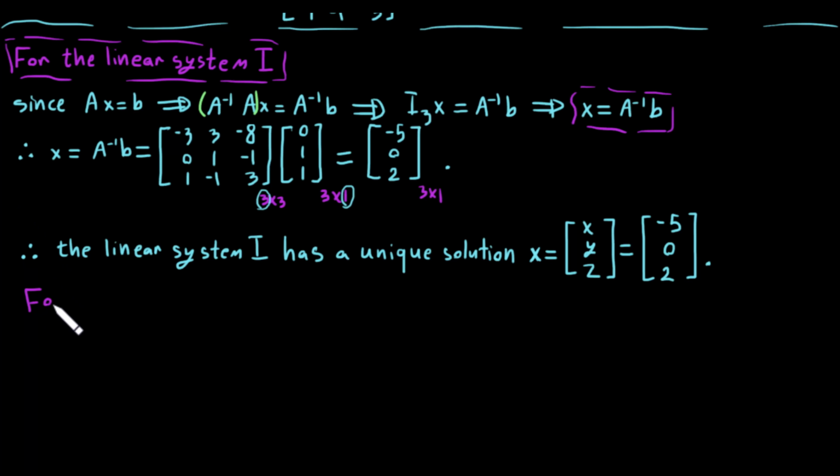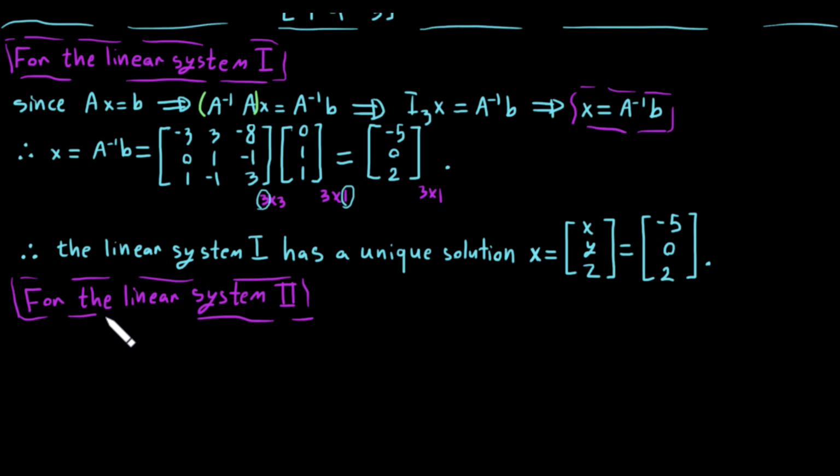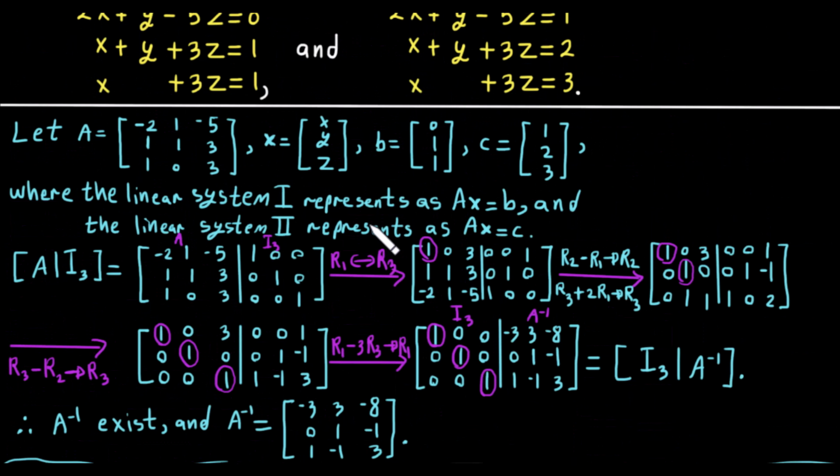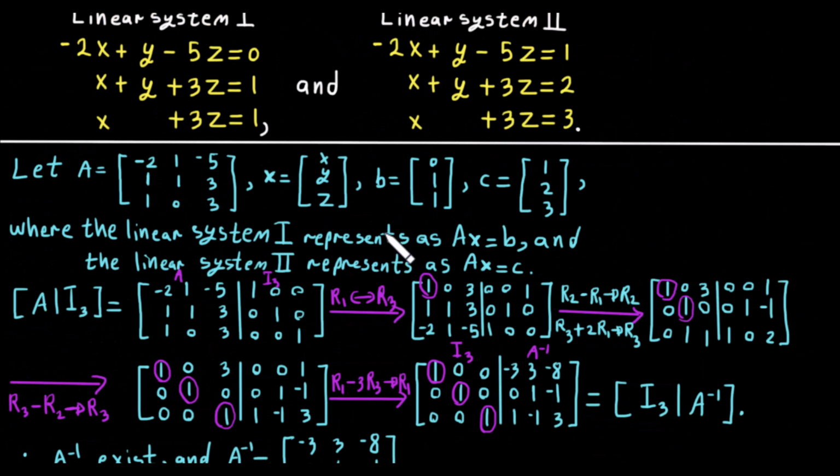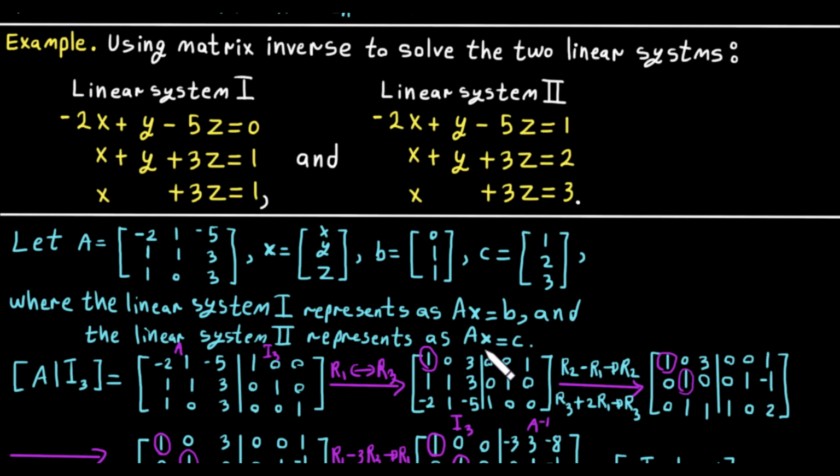Now for the linear system 2, which is this one, we write it as AX equals C, where C is 1, 2, 3.